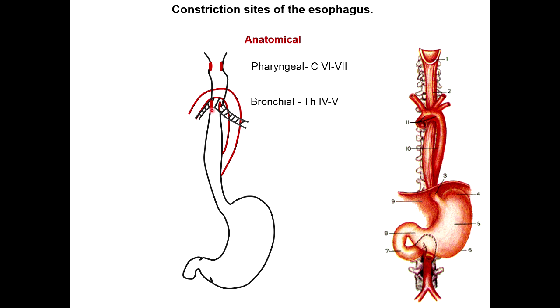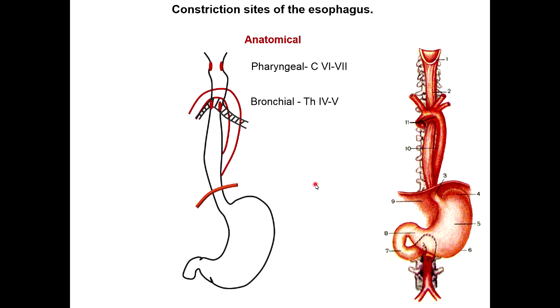This constriction site is designated here as bold red lines because it is result of the contact with the place of bifurcation of trachea in two main bronchi. So this contact results in formation of bronchial constriction site.